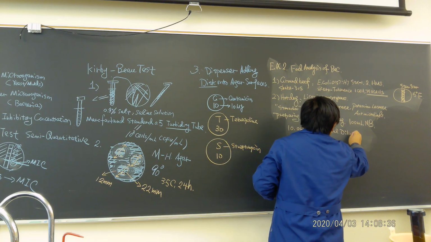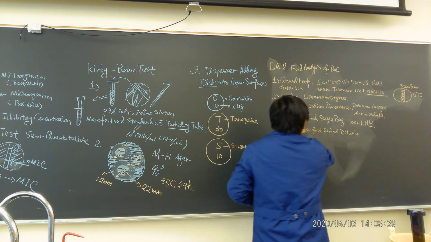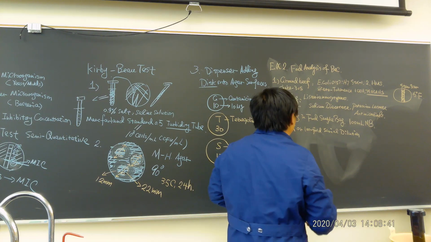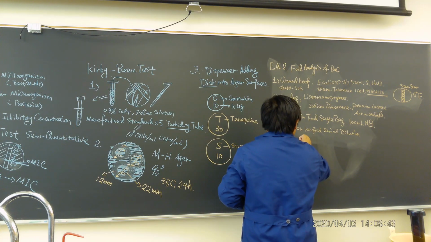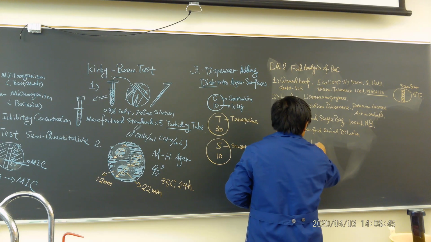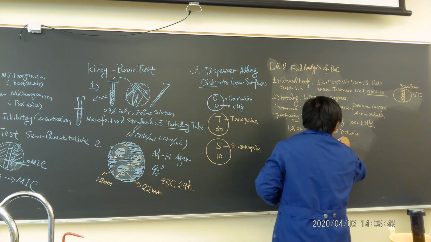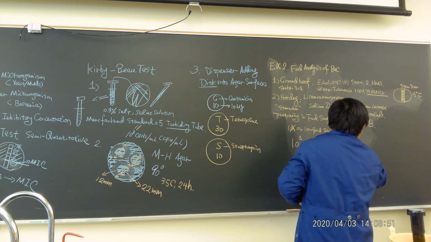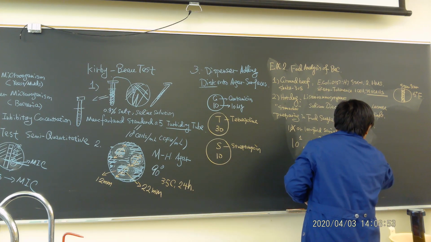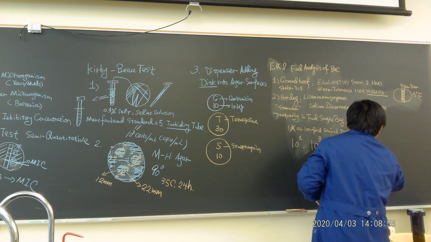I actually want you to just do 100-fold serial dilution to prepare final dilution factors of 10 to the 1, 10 to the 3, and 10 to the 5 on agar plates. And you can figure out how to do it.